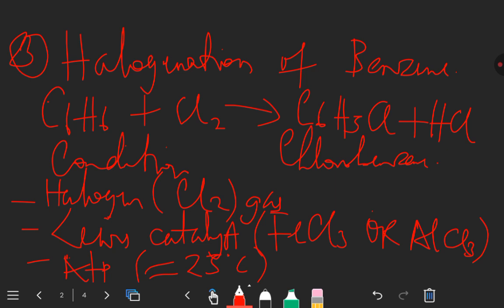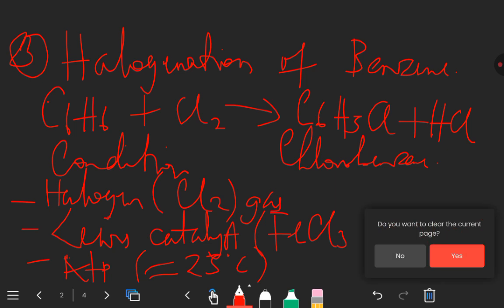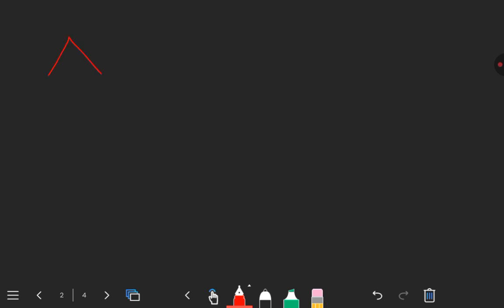So this is about halogenation. You can just look at how the general reaction takes place. So we have a benzene ring, then it is going to react with chlorine; the double bond there attacks one chloride, then the other is able to leave.